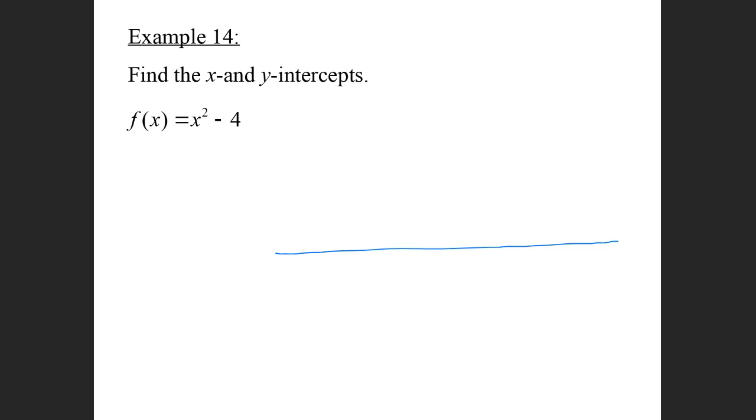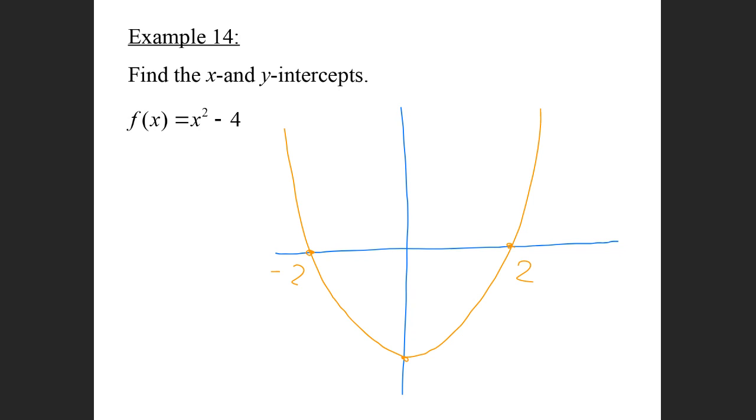If you sketch this graph, it will be something like this. And this result coincides with the conclusion that the function has two intercepts at -2 and 2, and the y-intercept is -4.